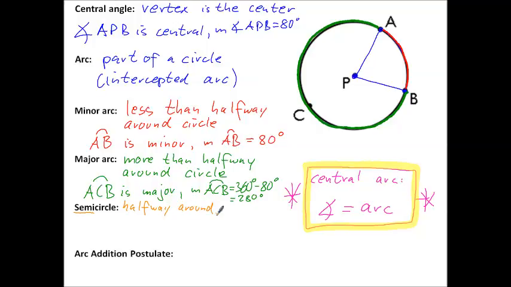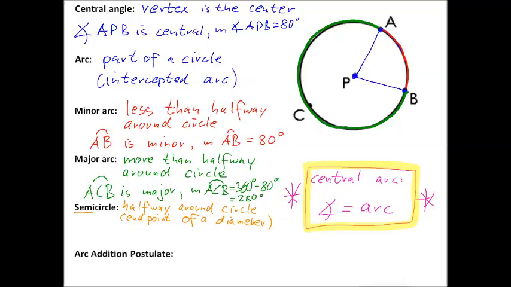And since it goes halfway, the two endpoints will actually be endpoints of a diameter, because remember, the diameter goes through the center, which is also the widest point of the circle, and really cuts that circle into two halves.